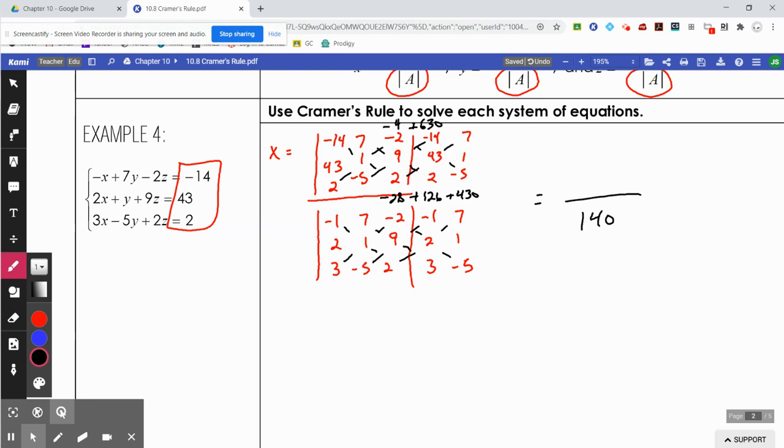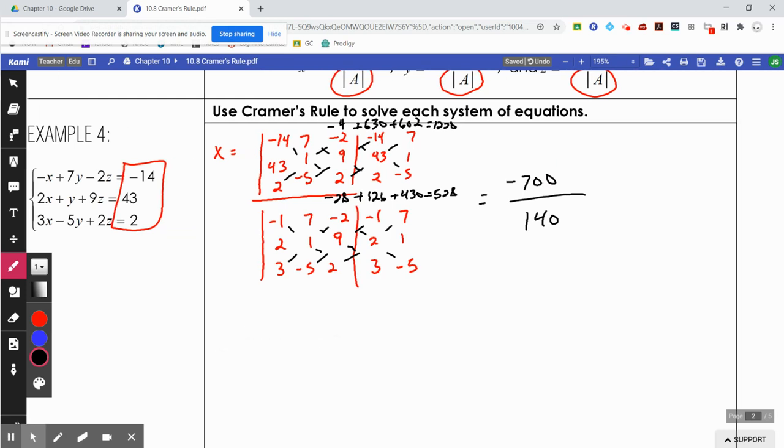And this will be a positive 602. So downs is going to equal 528. Your ups are going to equal 1228. So down minus up gives me a negative 700. And when I divide negative 700 by 140, I get negative 5.